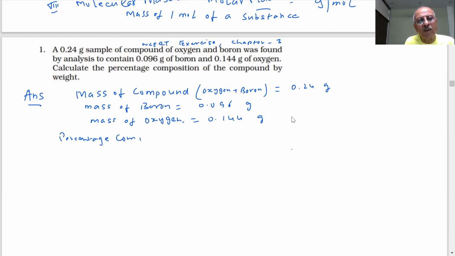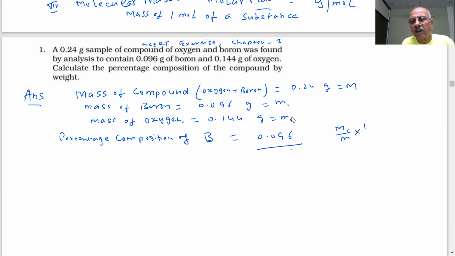Now, students, we have to find the percentage composition of boron. How will we find the percentage composition of boron, students? Of boron, how much is there? You have 0.096, the mass of the boron, divided by the mass of the compound. If I say the compound mass is M and the boron mass is M1, then M1 by M into 100 is the percentage composition of boron.